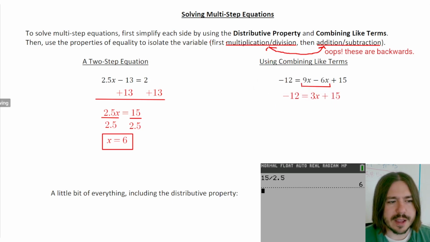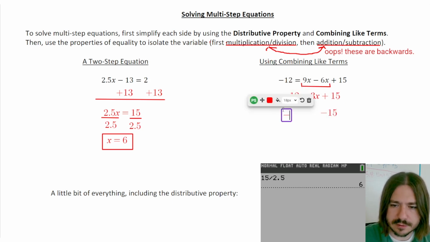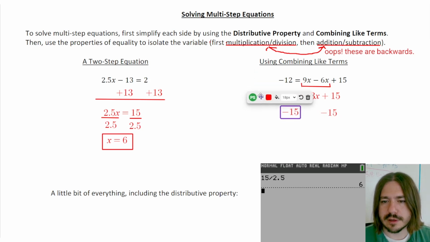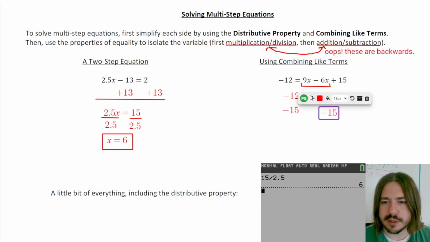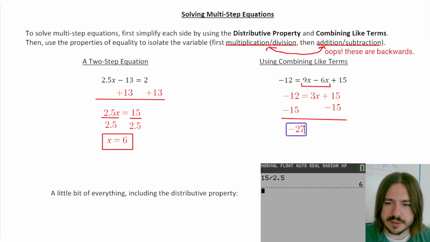Then we're going to subtract 15 from both sides using that property of equality. It all just kind of comes back to these properties of equality when you're solving linear equations. All right, negative 12 minus 15 is going to be negative 27, and that's going to equal 3x.